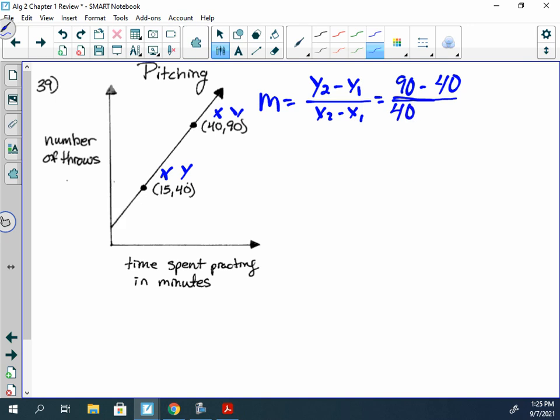The corresponding x values would be 40 and 15. Well, 90 minus 40 is 50, and 40 minus 15 is 25. And 50 divided by 25 is 2.